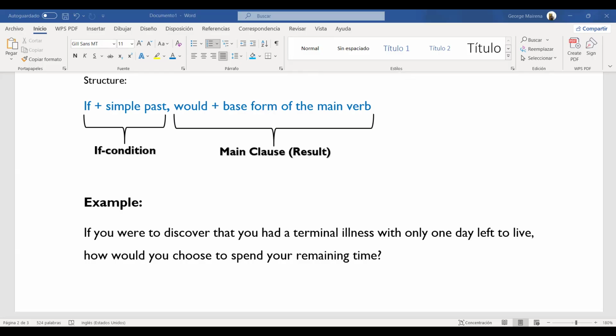Answer the question, but in your answer, try to use the structure that we have above. Do you understand?